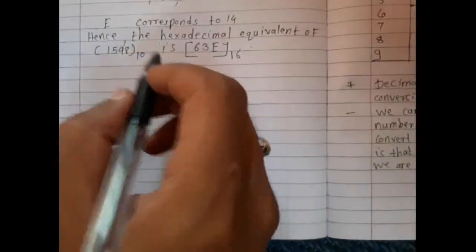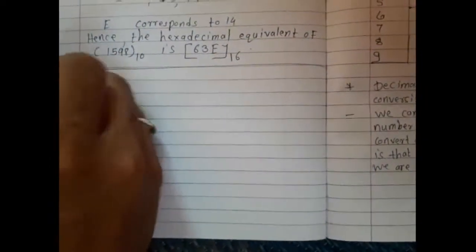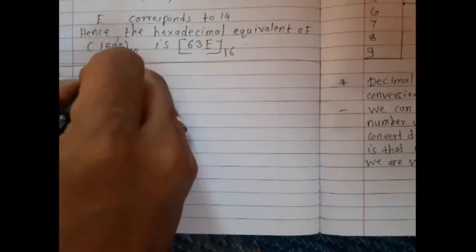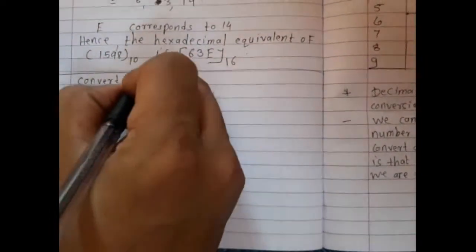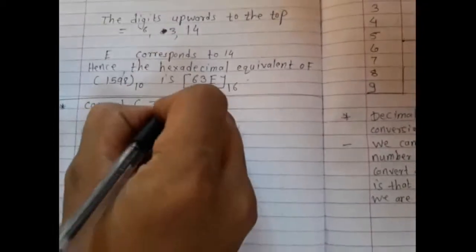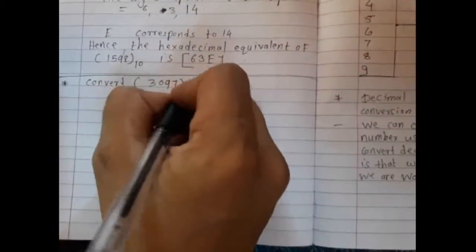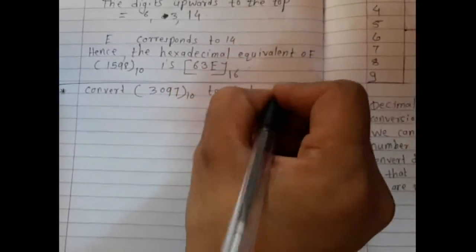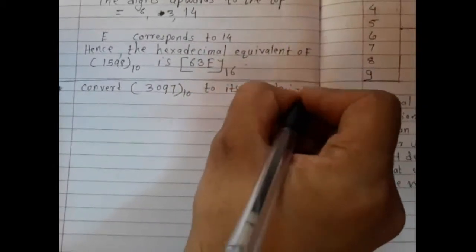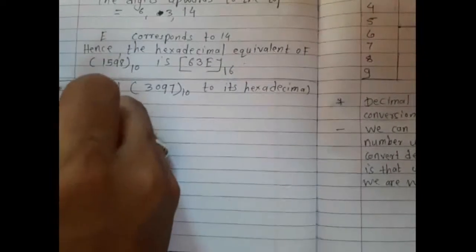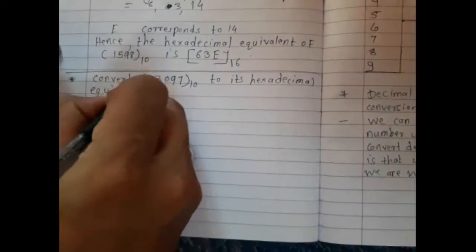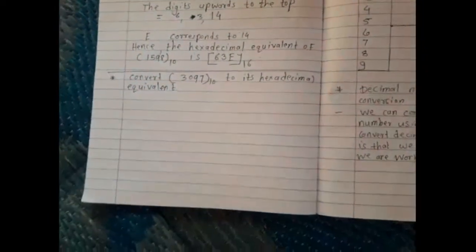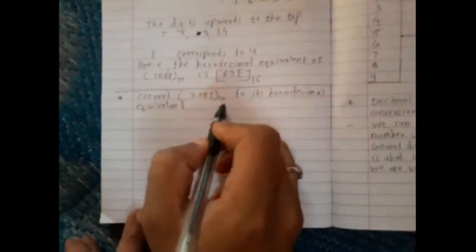Now see students, we will take another example like this. Suppose convert 3097 base 10 to its hexadecimal equivalent. Okay, convert 3097 base 10 to its hexadecimal equivalent.